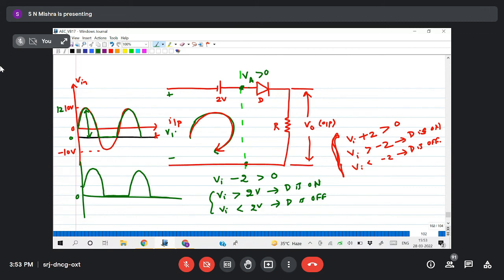This is 0, this is 2, this is 12, V naught versus T. This point is your T by 2, this is not T by 2, okay? So T by 2 is somewhere here. Understood? Why am I not taking that one? Because I am getting the voltage at this point. The second one will be a little earlier, it will be here.